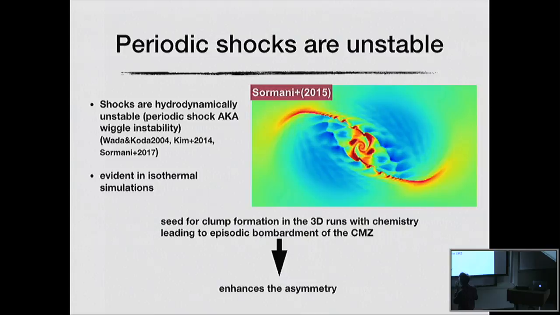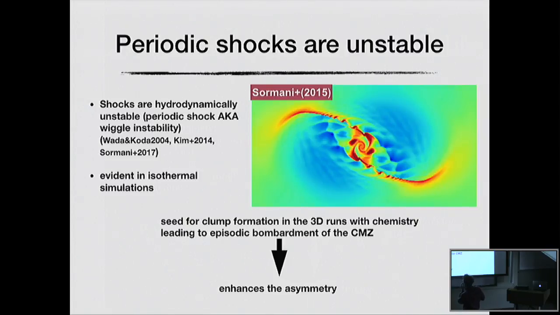But why do we actually have episodic gas accretion onto the central molecular zone? It has been found that periodic shocks are hydrodynamically unstable, and this is exactly what is happening with the bar shocks in our Milky Way or in any barred galaxy.